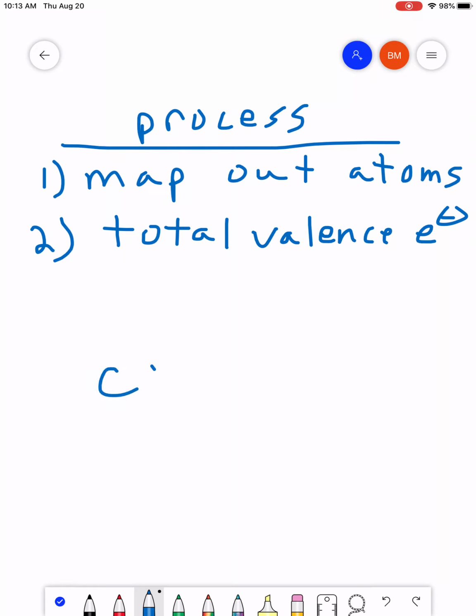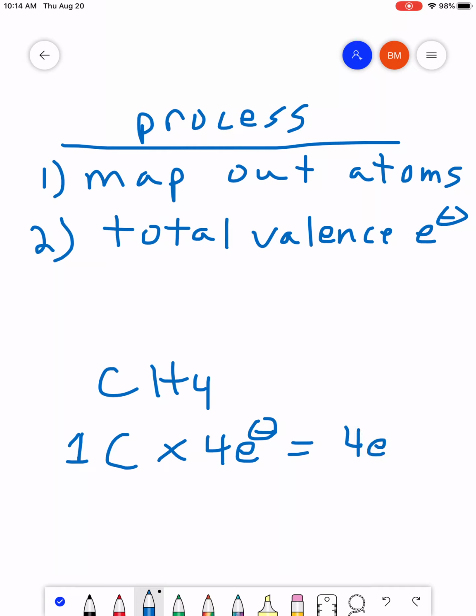So, for example, let's say we had CH4, right? That's methane. You have 1 carbon atom in this formula, and if you look on the periodic table, carbon has 4 electrons in the valence shell, so that means it has 4 valence electrons. You have 4 hydrogens, and each one of those hydrogens has 1 valence electron.